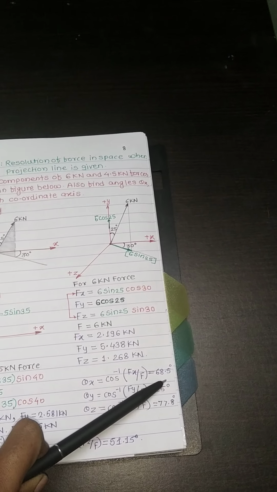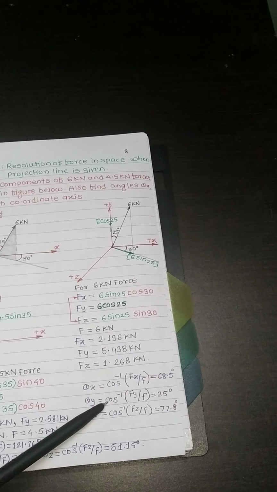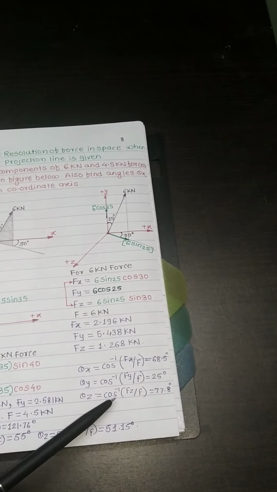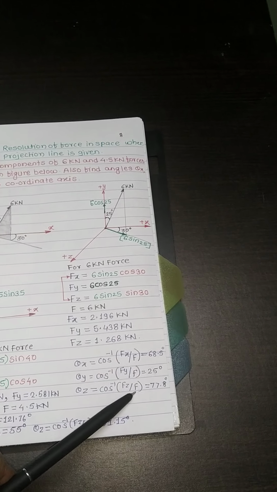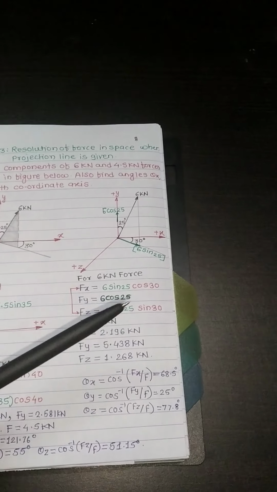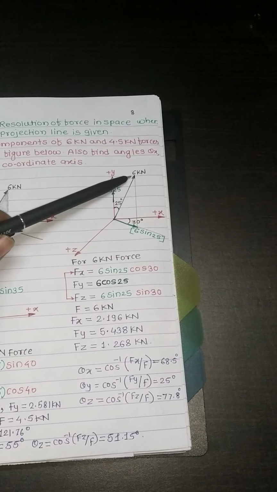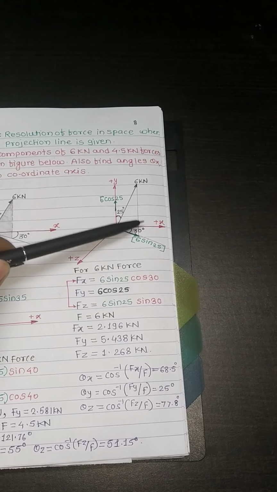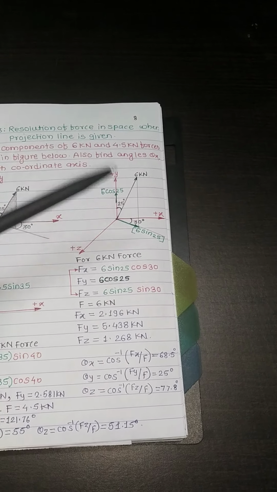So the angle will be 60.5 degree. Theta y is cos inverse of fy upon f, with that 25 degree. Theta z is cos inverse of fz upon f, it is 77.8 degree.